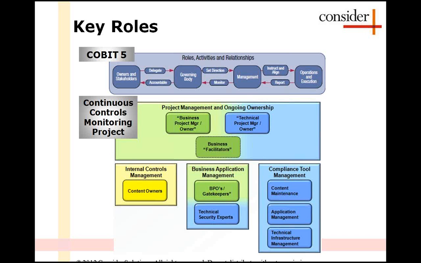There was a technical project manager who took care of the technical part of the project, and a business project manager. There was a unit identified which was responsible for internal controls and the internal control system, basically playing the arbiter of the definition of the risks and controls.